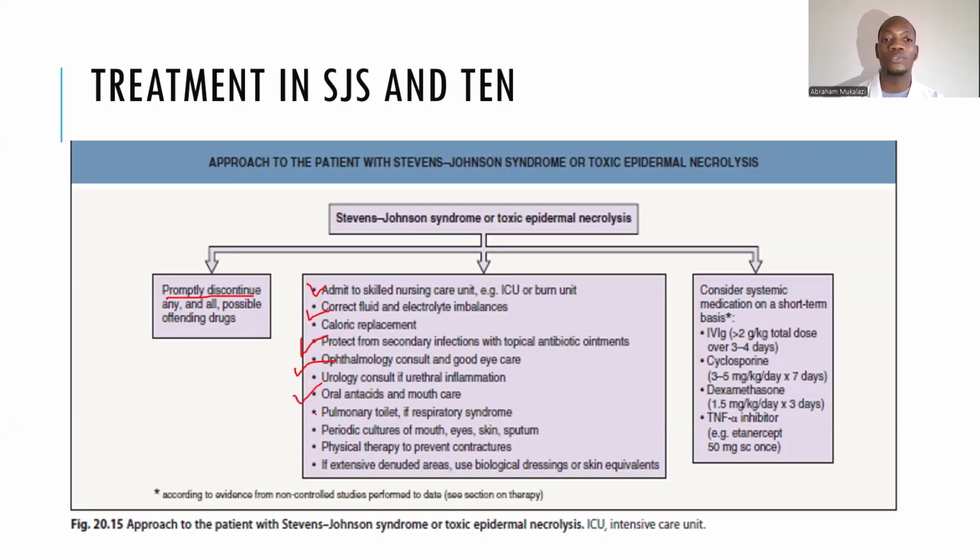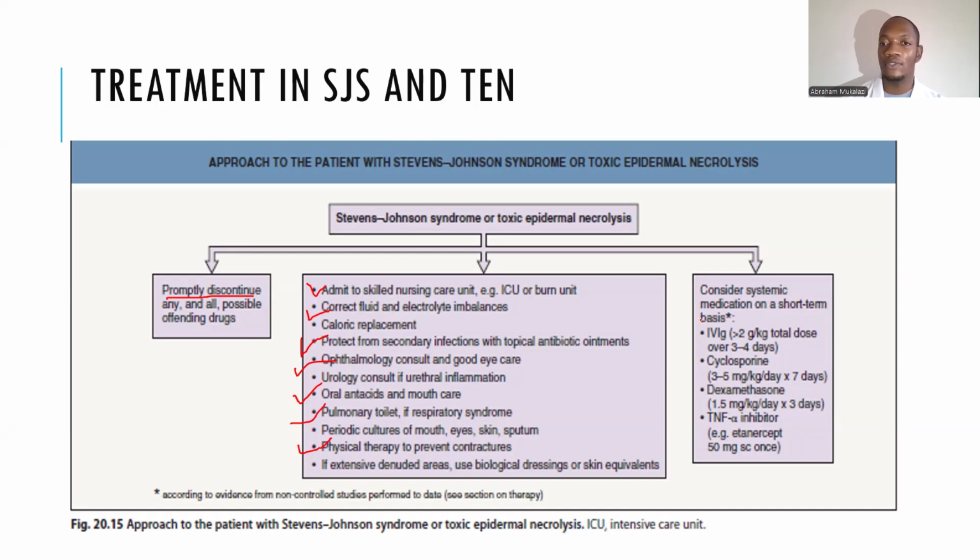Then you have to do a urologist consult because, again, the mucous membranes of the genitalia and the urethra can also be involved. Then you can do pulmonary toilet, by the physicians and the critical care team. So this is one of the conditions that can lead you into ICU or a burns unit.